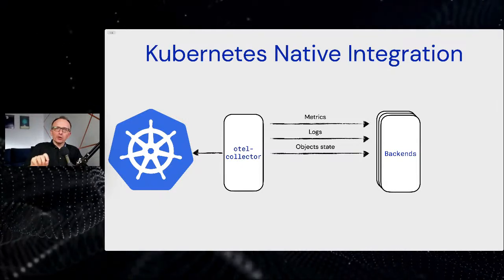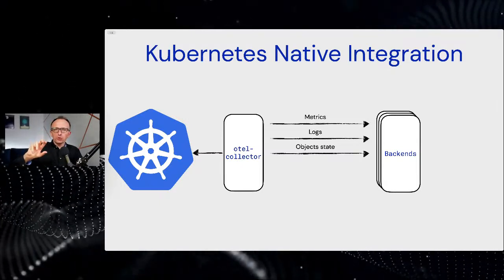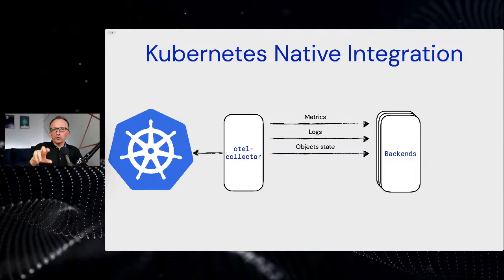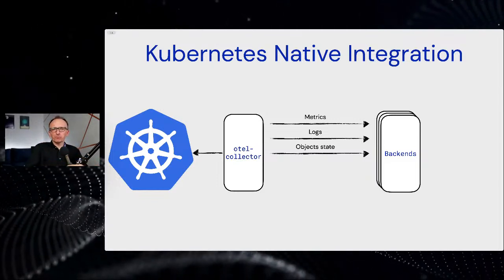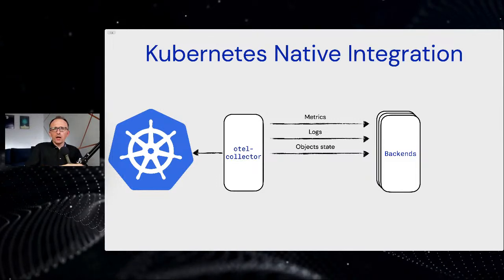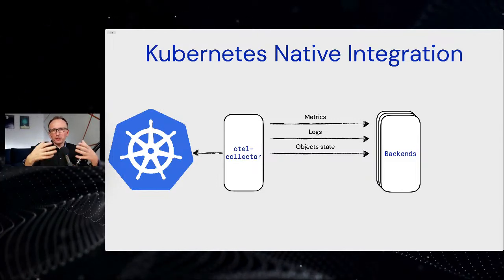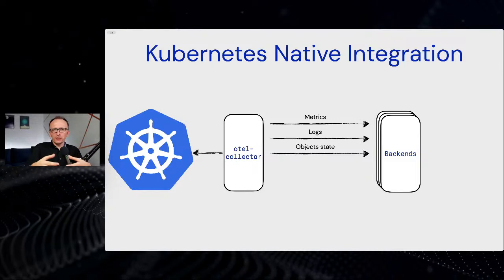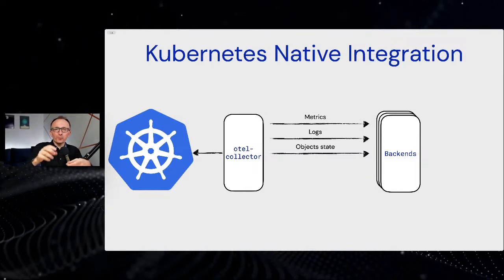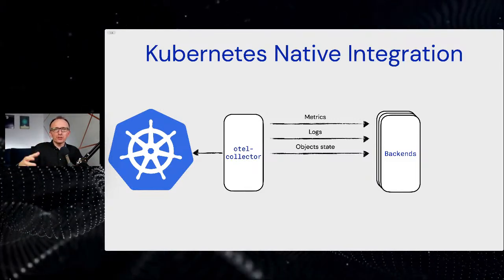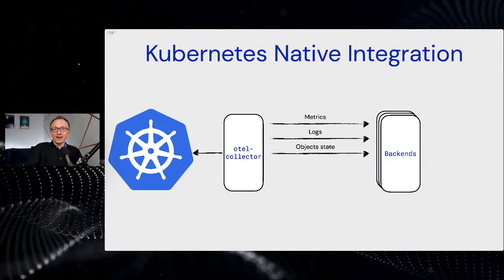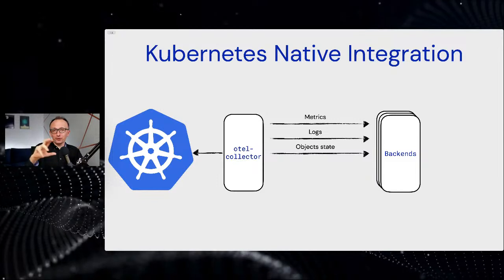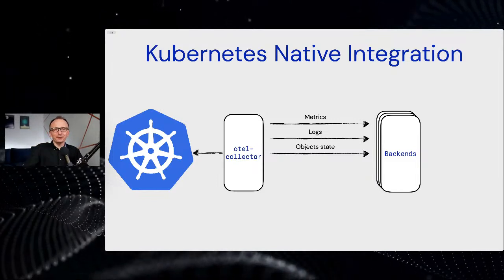You can also include signals from your objects. So your object's state, which is, of course, possible nowadays, but you need to install kube-state-metrics, so an additional component, while the OpenTelemetry collector has this feature built in.